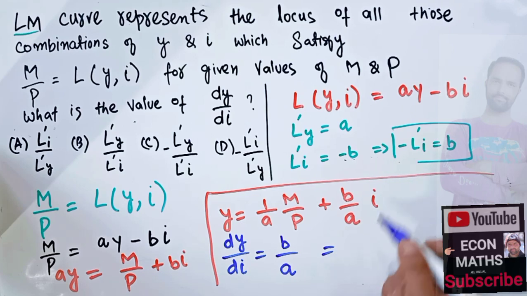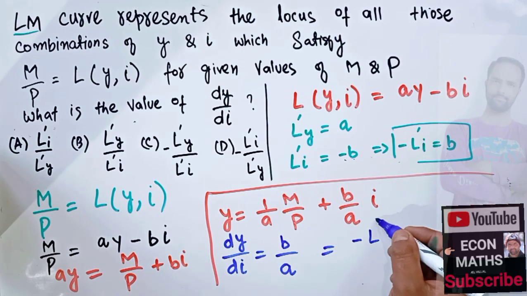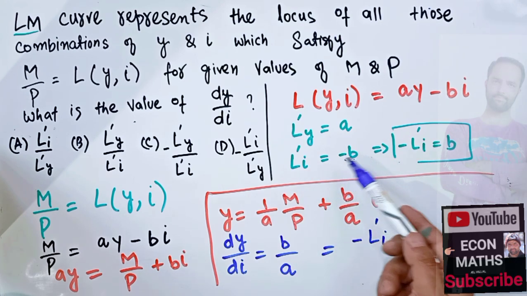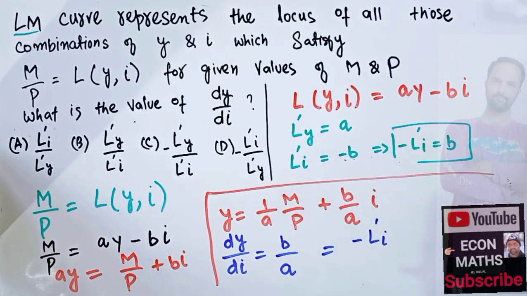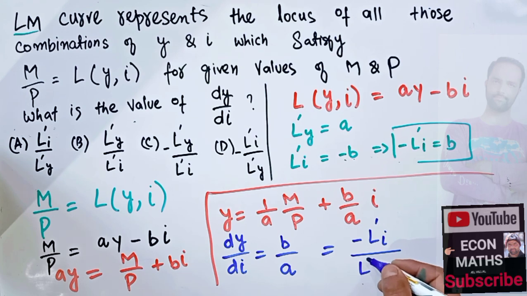Now what is B? B is equal to minus L dash I. It shows the interest sensitiveness of demand for money, divided by A, which is equal to L dash Y, and this denotes the income sensitiveness of demand for money.